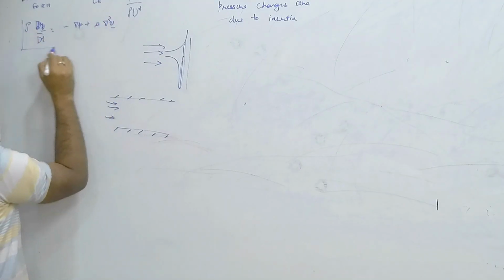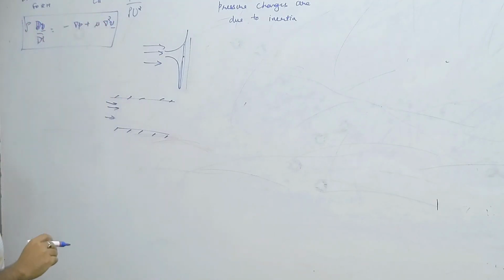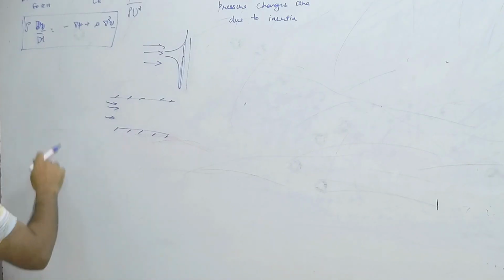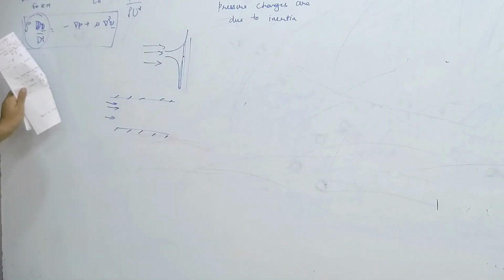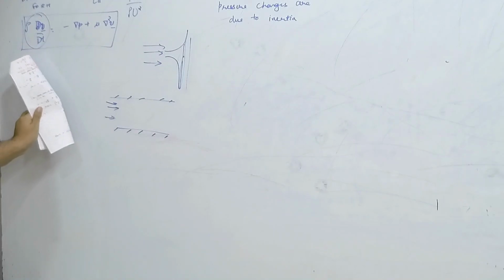Okay. So, what happens is when you have low Reynolds number steady flows, the terms on the left hand side drop out, which signify inertia. This is mass into acceleration per unit volume.